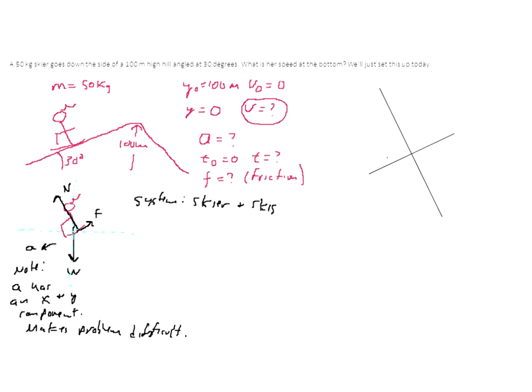So notice we've got our axis tilted at the same angle that the hill is. So now when we draw our forces, this one's not on the axis, but this one is. And this one is as well. And the acceleration is only in the x direction.